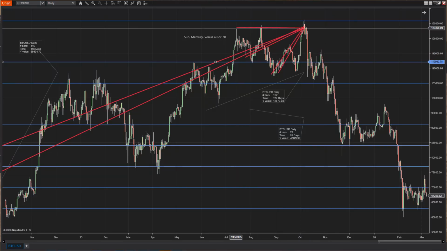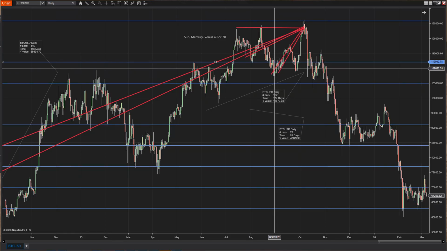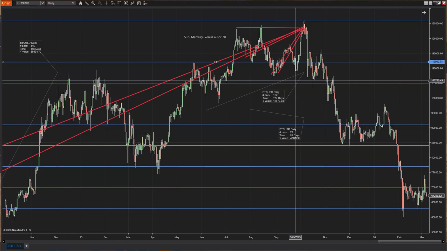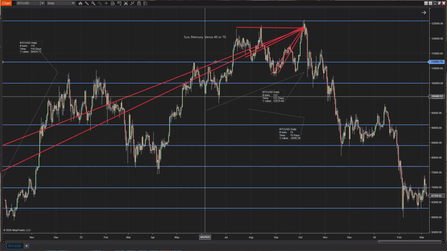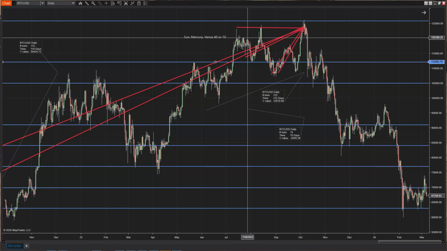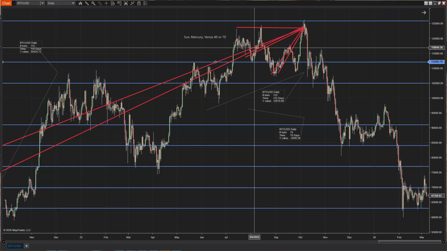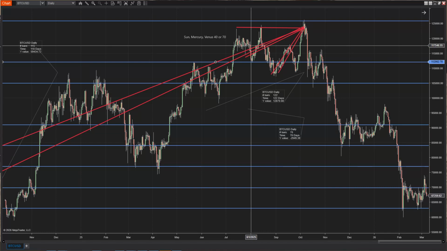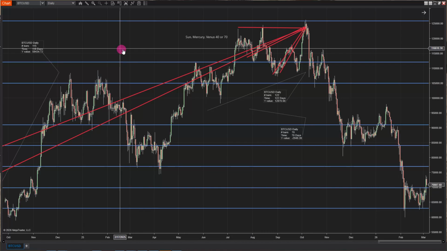So these are all the smaller planet time factors looking at a 40 and 70. I've got a 122 day count to that high from this low, so that's your natural day count. Then there's a 70 day count from this high right here to the all-time high. So there are 6 projections right there that come in. And I also went and did a look back for 2 longer projections.